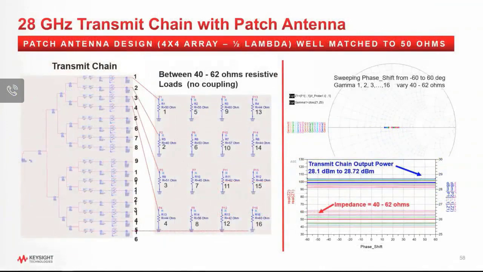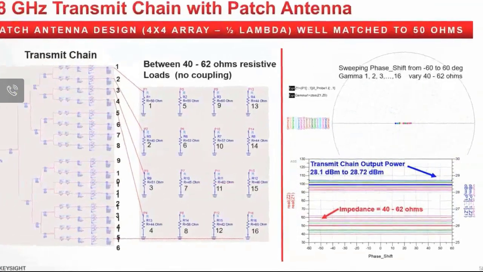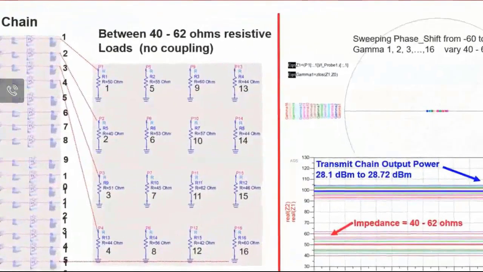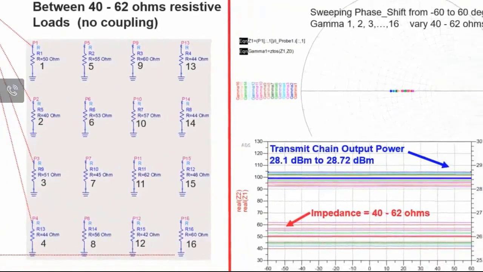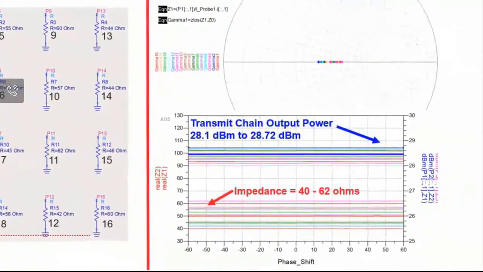In the next experiment, instead of using pure 50 ohms, let me now use 16 random resistive loads between 40 and 62 ohms. Again, as you can see here, the impedance and output power are constant as we sweep the phase shift angle between -60 degrees to +60 degrees.